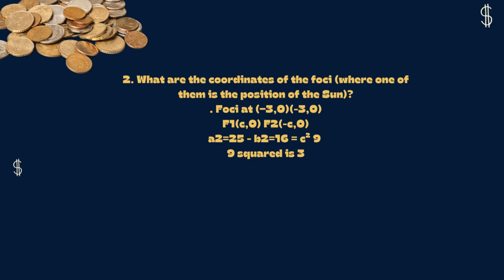If you might ask why it is negative, it is because the two are opposite to one another. Even though c is not negative, you still need to put the negative. So the answer is F2 at (-3, 0). The earlier written version was a typo: it is (-3, 0).